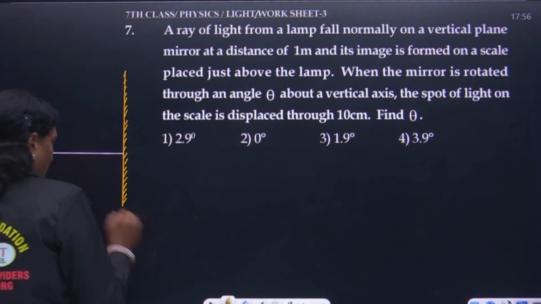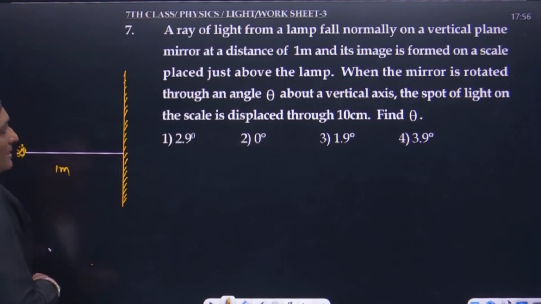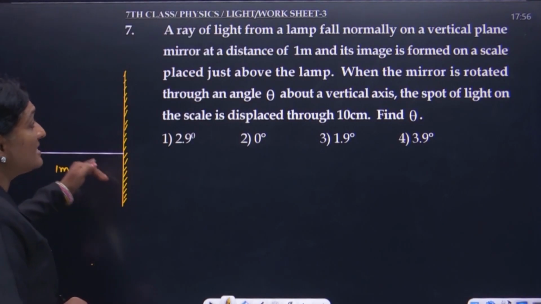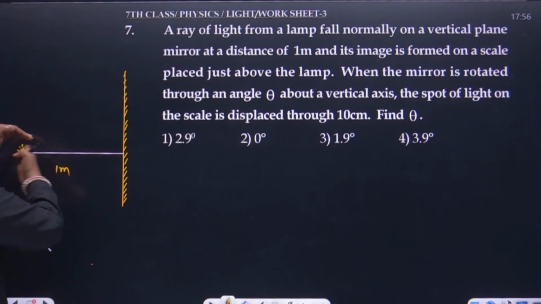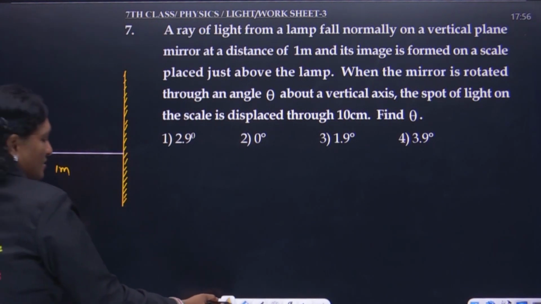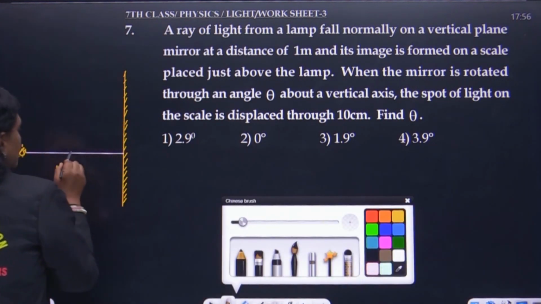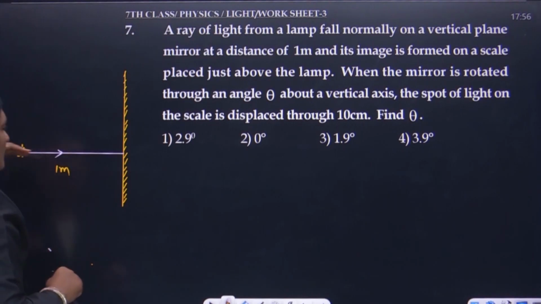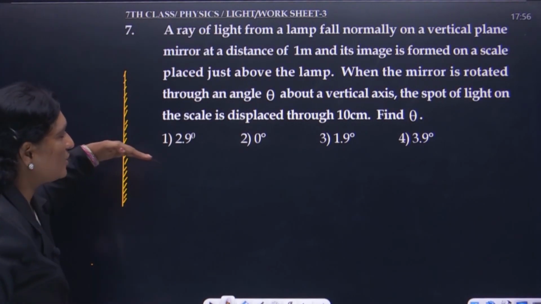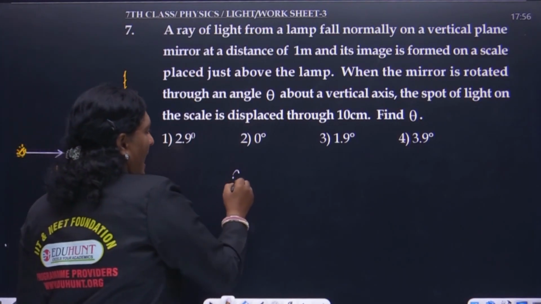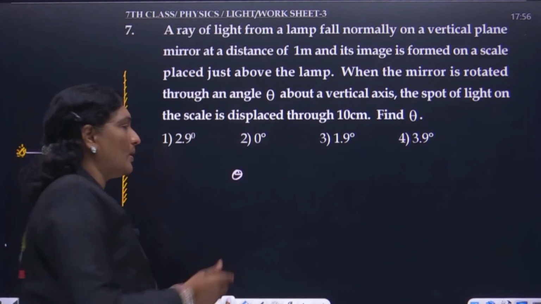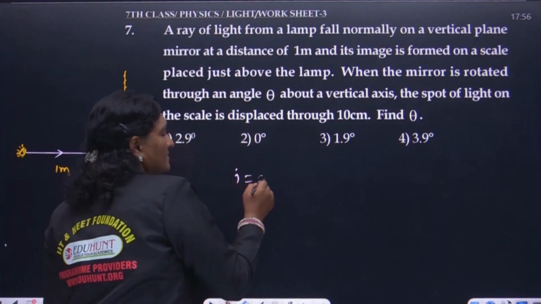So what is the distance given here? 1 meter. Its image is formed on a scale placed just above the lamp. So light is incident, and the direction of the incident ray is something like this. That means the light ray is falling normally. Whenever the light ray falls normally, the angle of incidence is equal to 0 degrees.